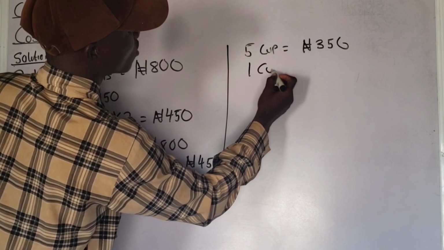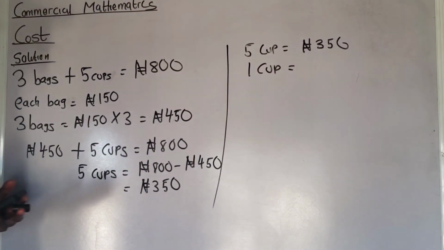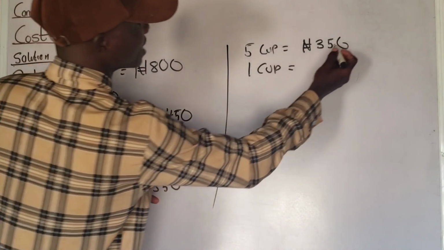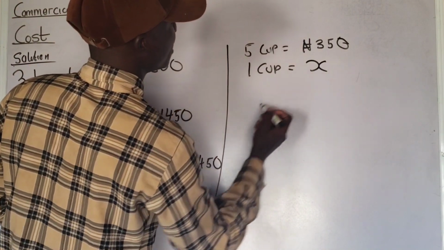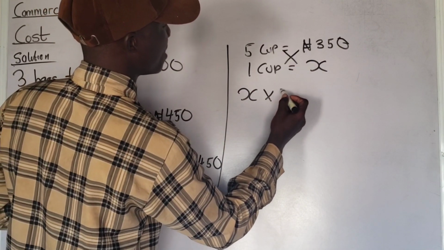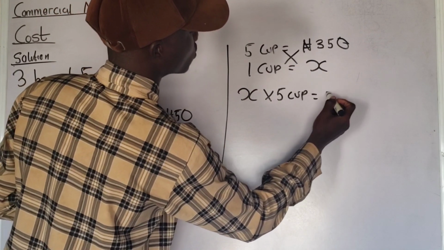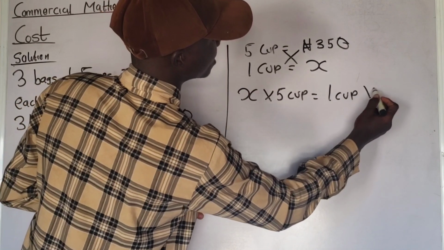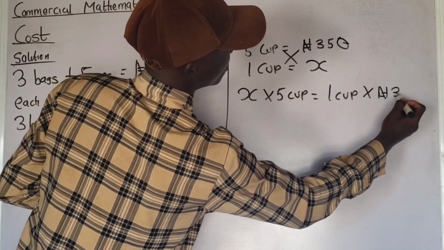5 cups is equal to 350 naira. Now 1 cup will be equal to what? We don't know the amount that 1 cup is equal to, so we want to determine it. Let us represent it as x. Take the cross product: x multiplied by 5 cups is equal to 1 cup multiplied by 350 naira.